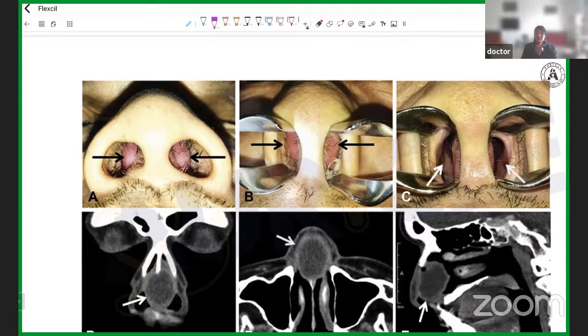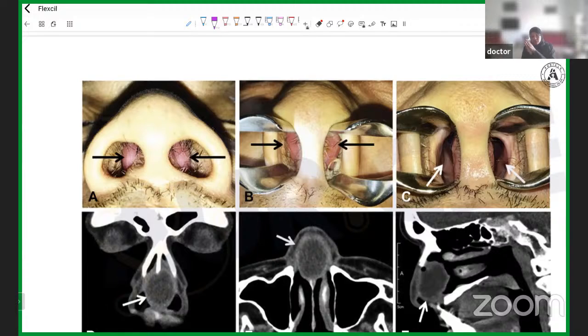So the question arises: if there is blood in the nose and it is turning into an abscess, then why does it look like flesh? The answer is that this actually happens under the layer of the perichondrium or periosteum of the nasal septum. It doesn't happen inside your nostrils.